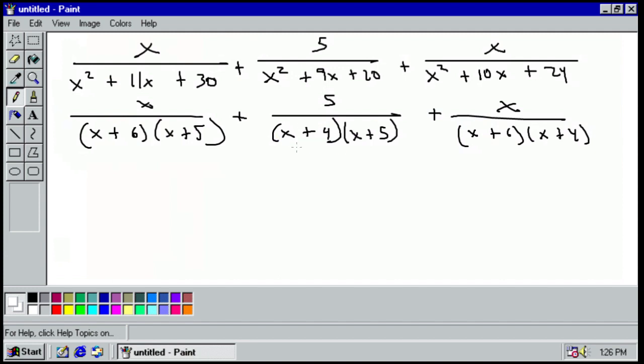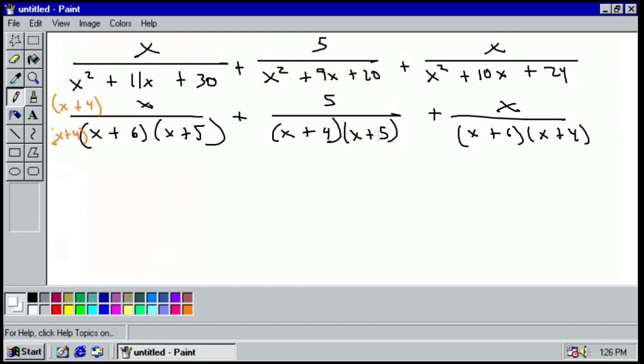So what should we add here, on this part only? We should multiply it by x plus 4 also. When we multiply something below, we also need to multiply it above, so keep that in mind. Next, what factor don't we have in the second fraction here?